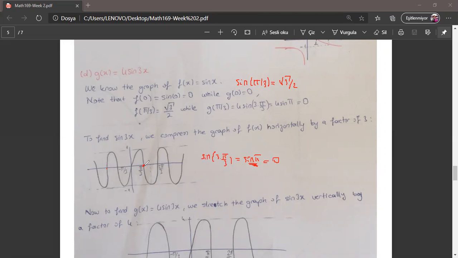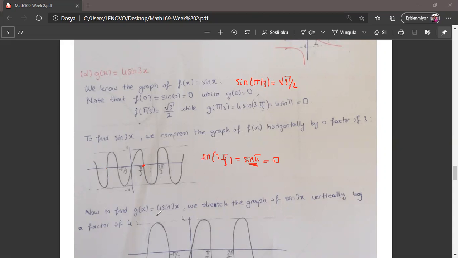So here we have 0. Before, for pi over 3, we had this value. Now we have 0. So we compress the graph of the function sine.